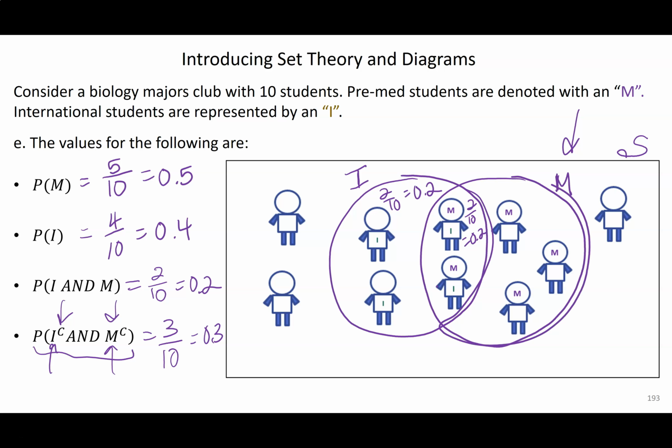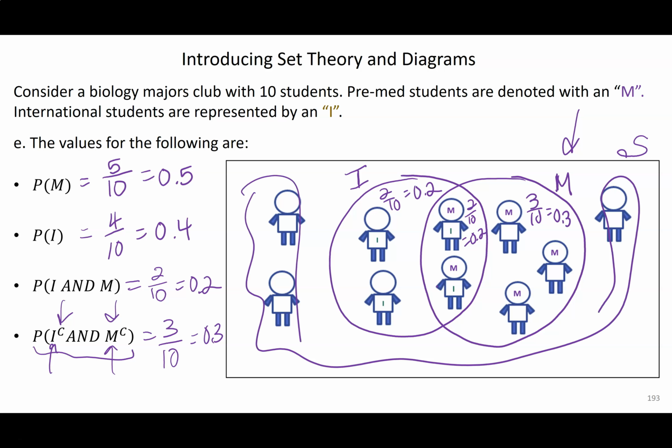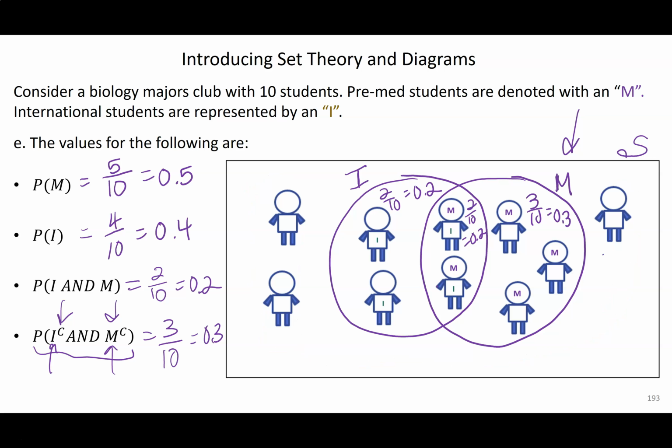If I look in this wedge right here, I have 3 out of 10, which is 0.3. And then if I look everywhere outside, I have 3 people out of 10 who are neither international nor pre-med, 0.3.